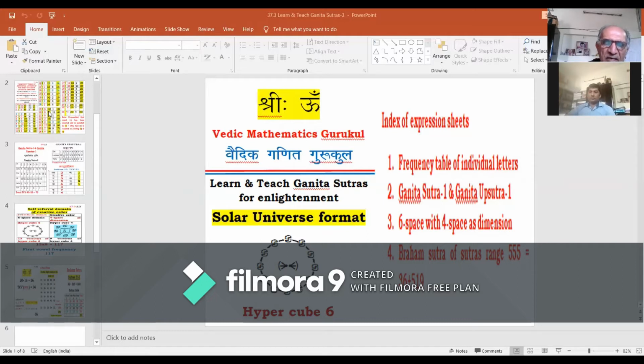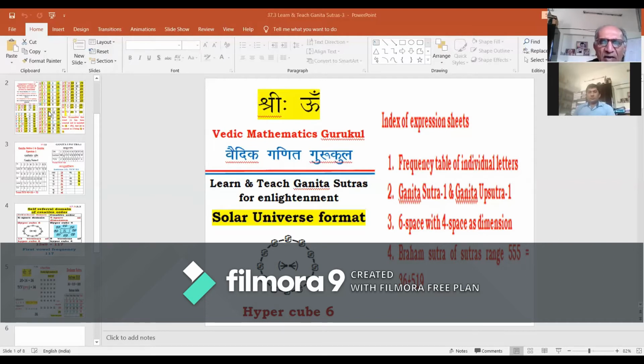Hypercube 4 has 9 versions, and these 9 versions of hypercube 4 are representative regular bodies of 9 geometries of 4 space. Therefore, the format of the solar universe is of the 13 geometries range of 6 space with the 9 geometries range of 4 space as its dimensional order.